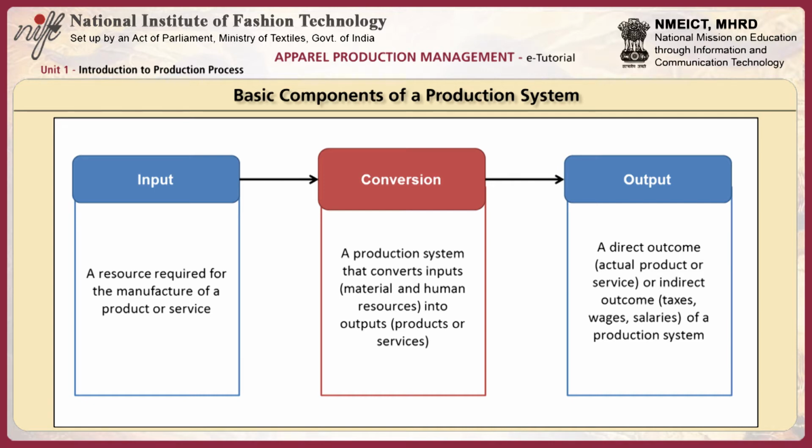Conversion is a production system that converts inputs, that is material and human resources, into outputs, that is products or services. Under output, it basically defines a direct outcome, that is an actual product or service, or indirect outcome, which would include your taxes, wages, salaries of a production system.